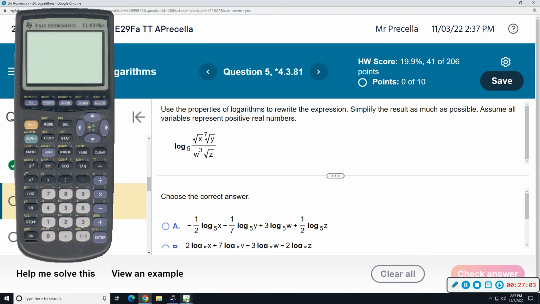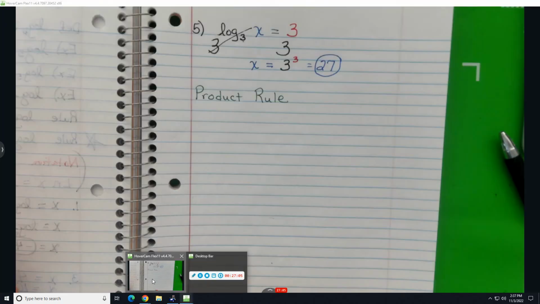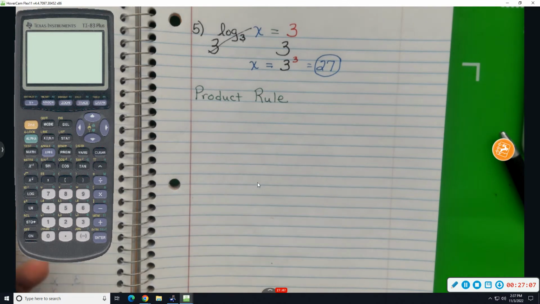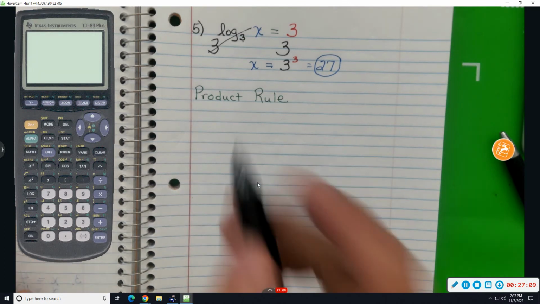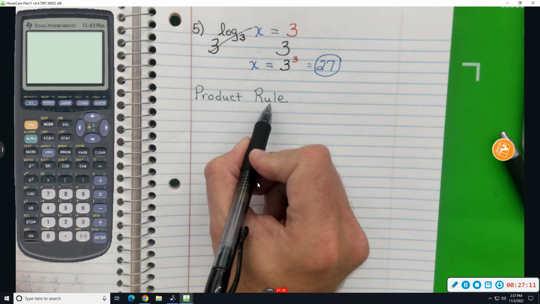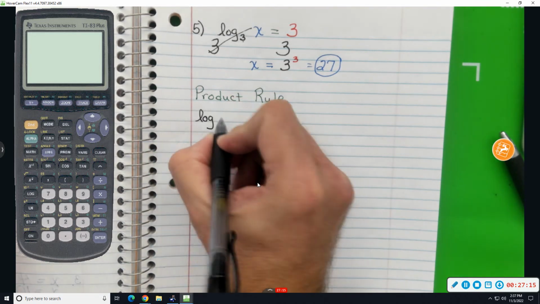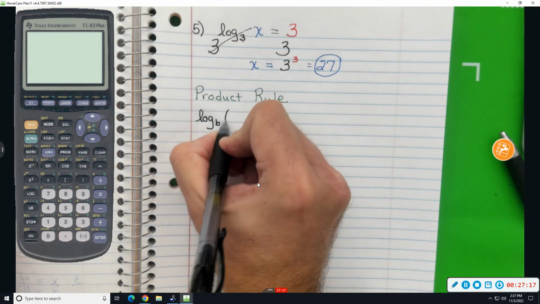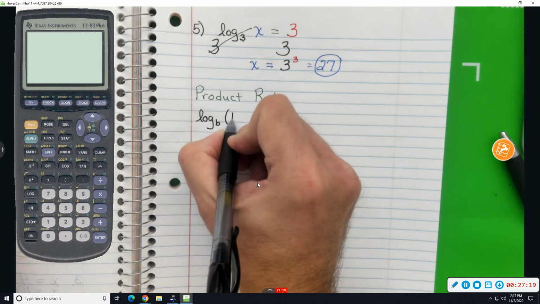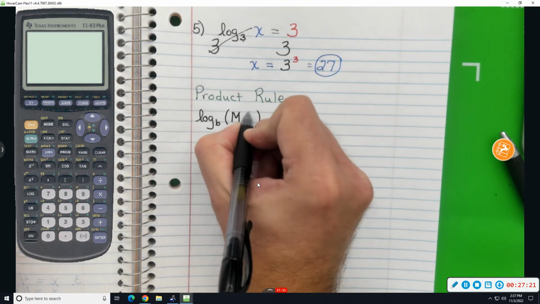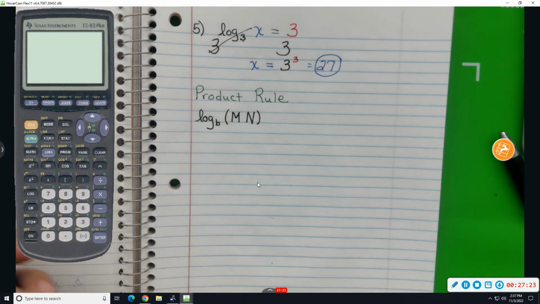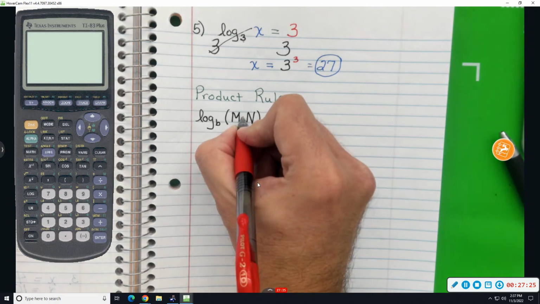Now, there are 3 rules of logarithms that are so important they have a name. The first one is called the product rule, and it looks like this. Log base b of m times n. I'm going to put a dot to indicate multiplication.